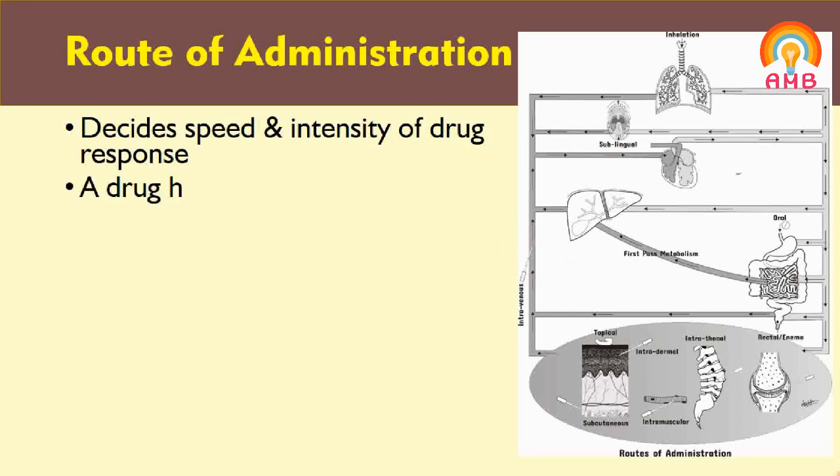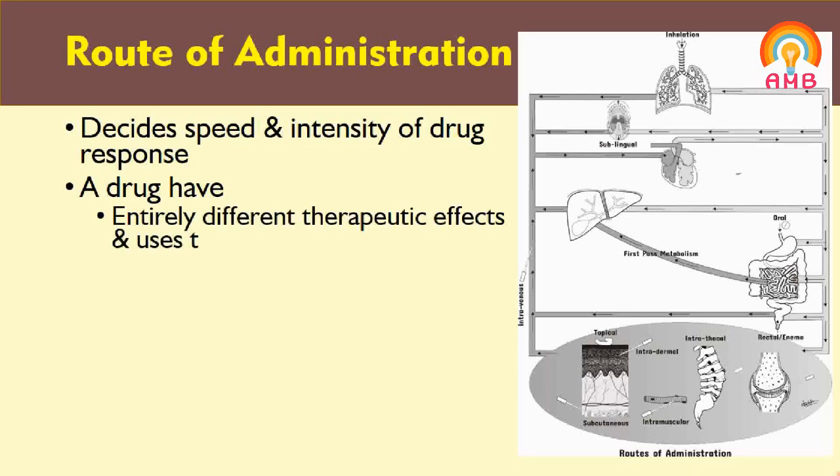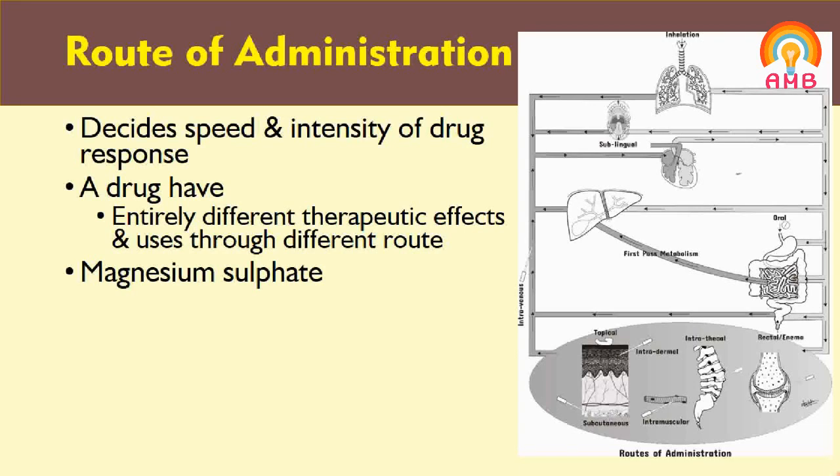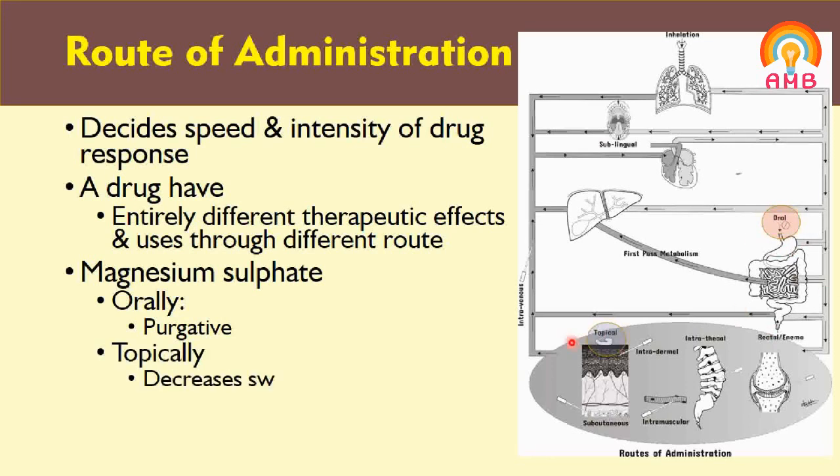In some cases, a drug may have an entirely different therapeutic effect and uses through different routes. For example, we are discussing the effect of magnesium sulfate by different routes. If magnesium sulfate is taken by oral route, it causes purgation. It is purgative in nature if it is taken orally. But when it is applied topically on inflamed areas, it decreases swelling. So it is anti-inflammatory when it is used topically.